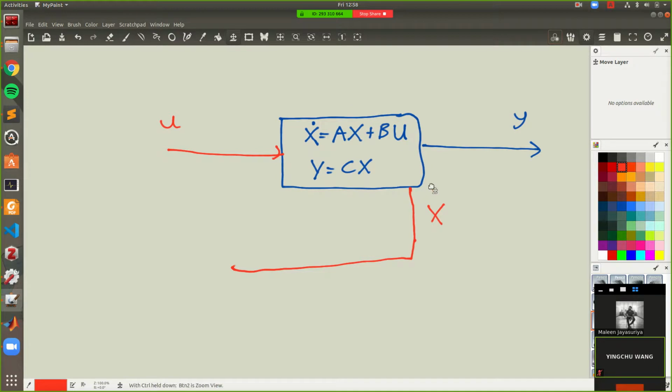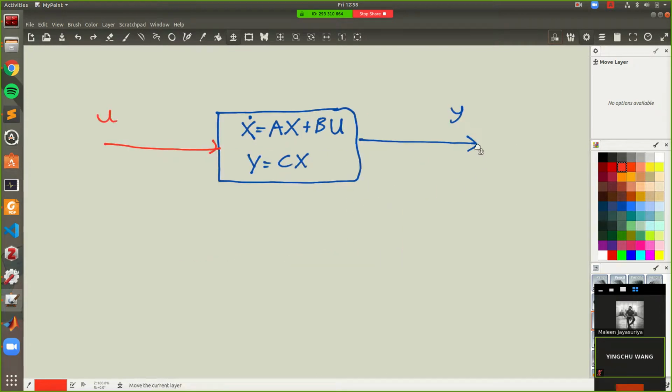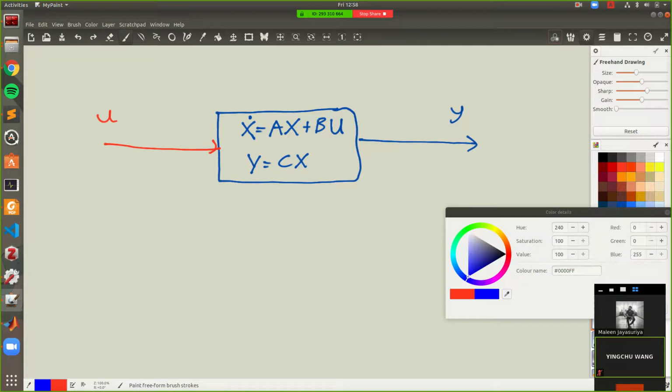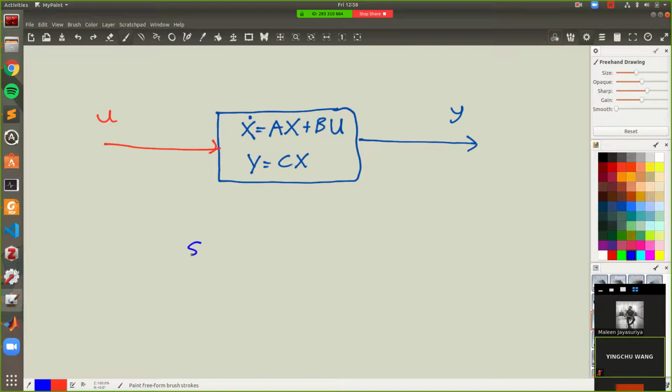Actually, before jumping into pole placement, we need to discuss stability of a system. I'll come to control in a bit, but I'm just going to talk about stability because pole placement will be clearer when we talk about stability.